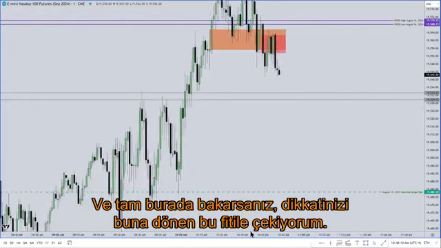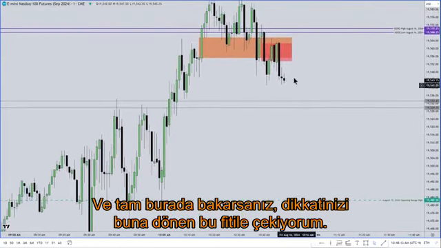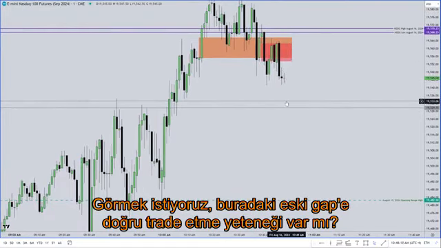And if you look right here, I was taking your attention to this wick. Trading up into that, we want to see, does it have an ability to trade down into this old gap here?